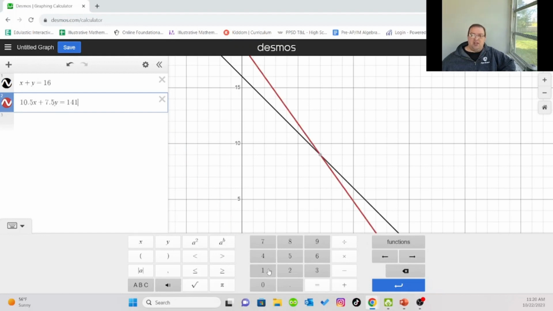So the black line represents the total number of tickets, and the red line represents the total cost. So the solution is where these two lines cross, and they cross at 7, 9.